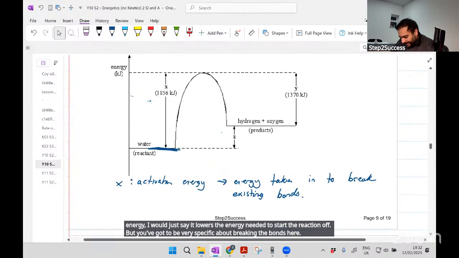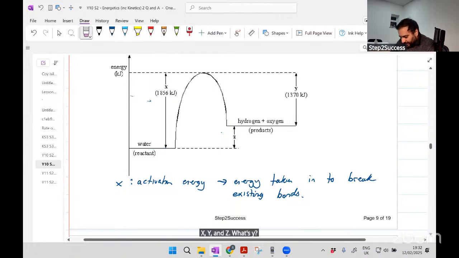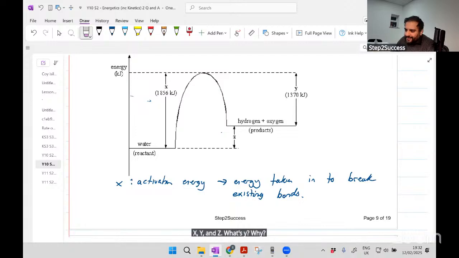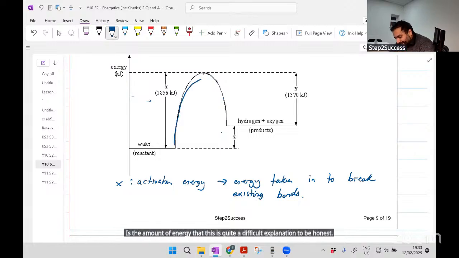X, Y, and Z. What's Y? Y now is the amount of energy, this is quite a difficult explanation, to be honest. So this is the energy that we took in, all of that, and then this is the energy we've released. You see what I mean?